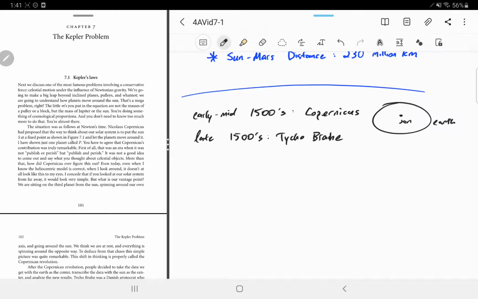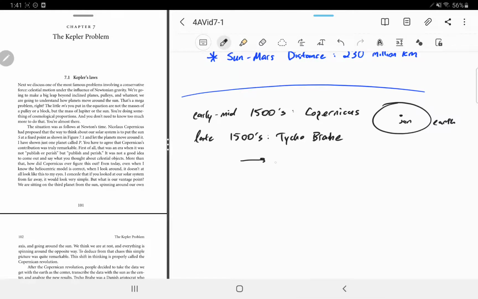He built a house to measure very accurately the positions of stars and planets. He would have a house and have this huge protractor, the size of his house, to very accurately measure all this stuff. So he took a lot of data.